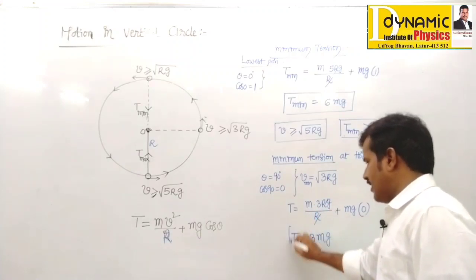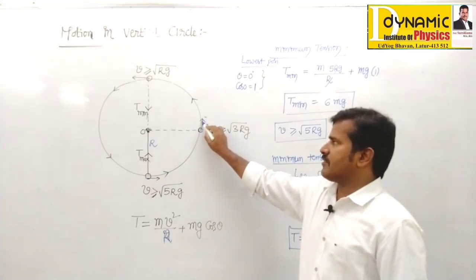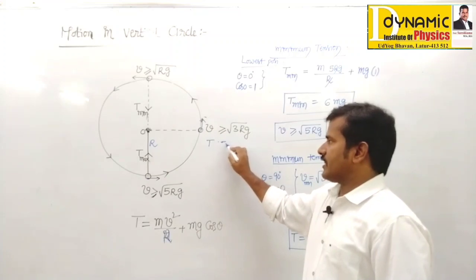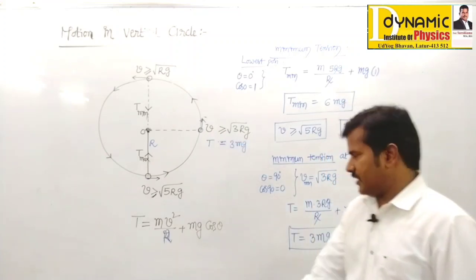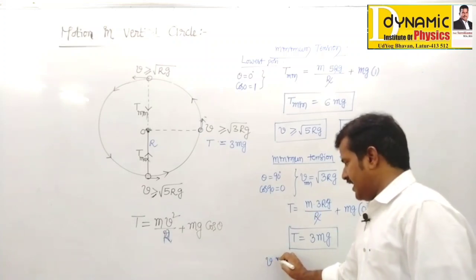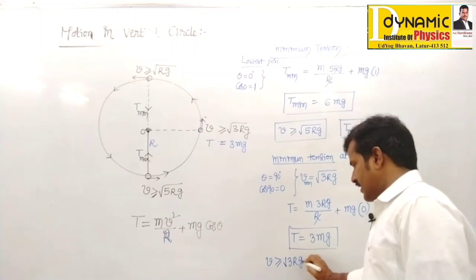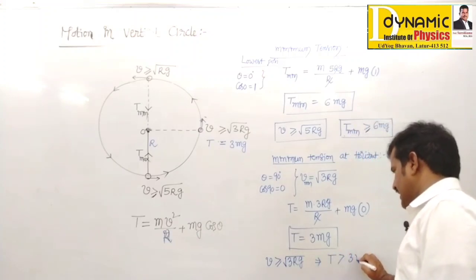This 3 mg is the tension at the horizontal position. If the speed v is more than root 3 rg, then the tension is also more than 3 mg.